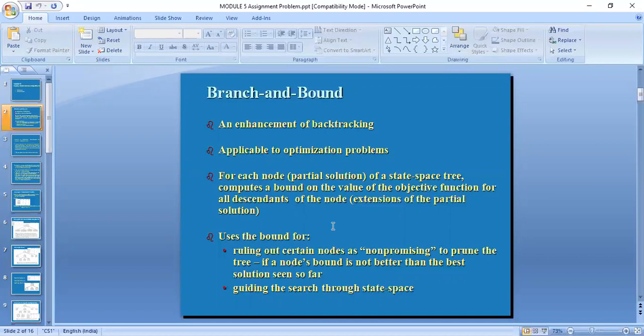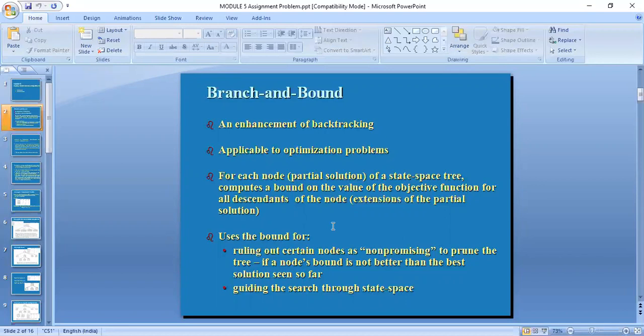Whatever objective function we take, for all the descendants of the node where you are extending your partial solution, we will be calculating a bounded value. When you have a maximization problem, we calculate the upper bound value. When you have a minimization problem, we calculate the lower bound value. So the bounded values depend on the type of problem which you have taken.